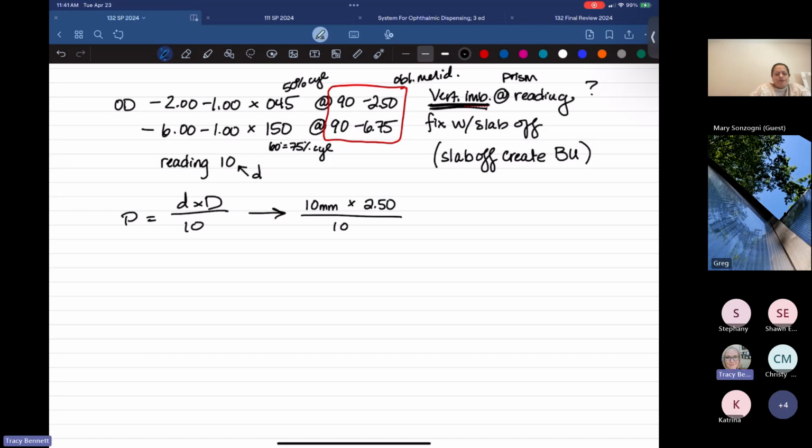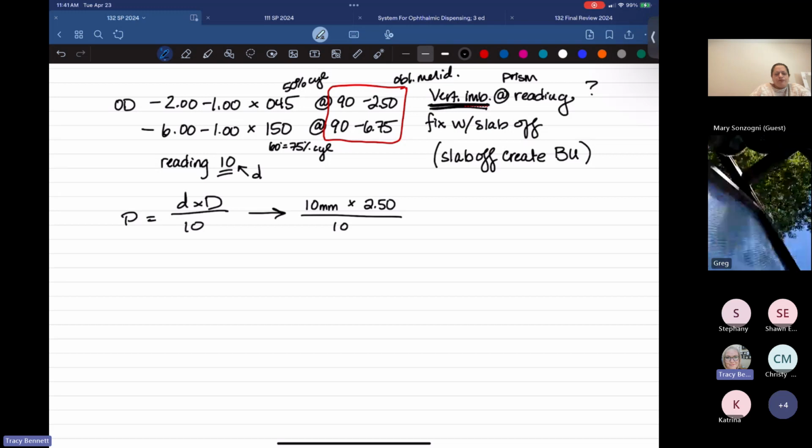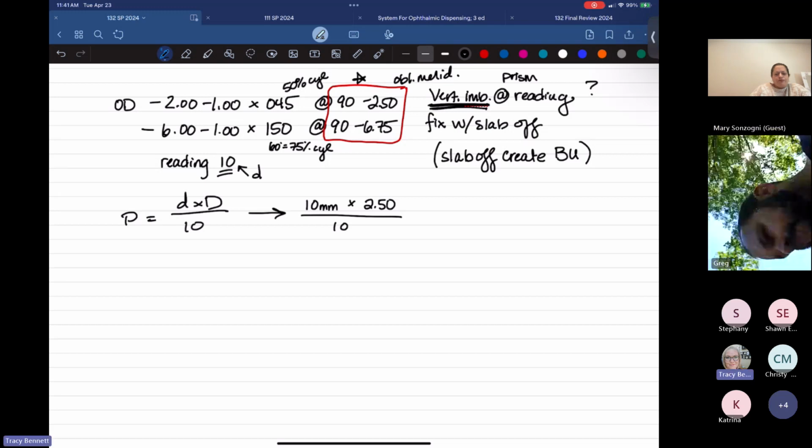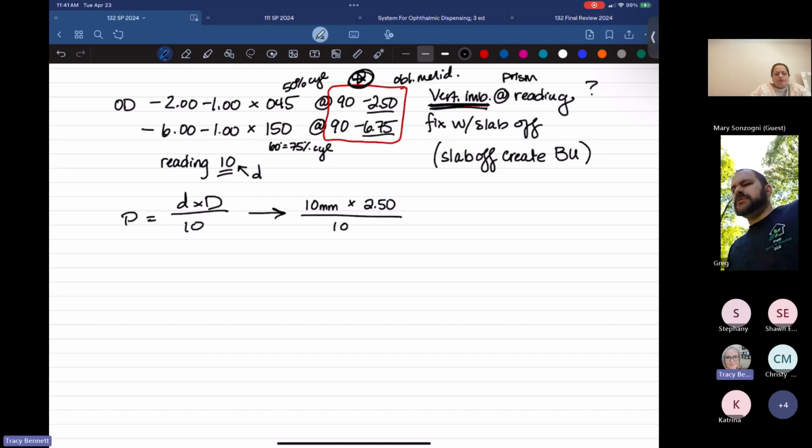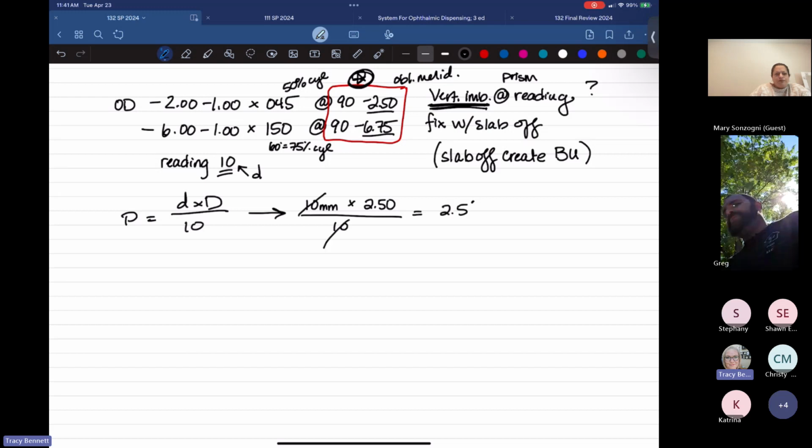One thing I want to point out is to take the shortcut. If you're ever given a reading depth of 10, once you figure this out, that's your prism amount right there, because those two kind of cancel each other. If you do it in your calculator, you will come up with 2.5.